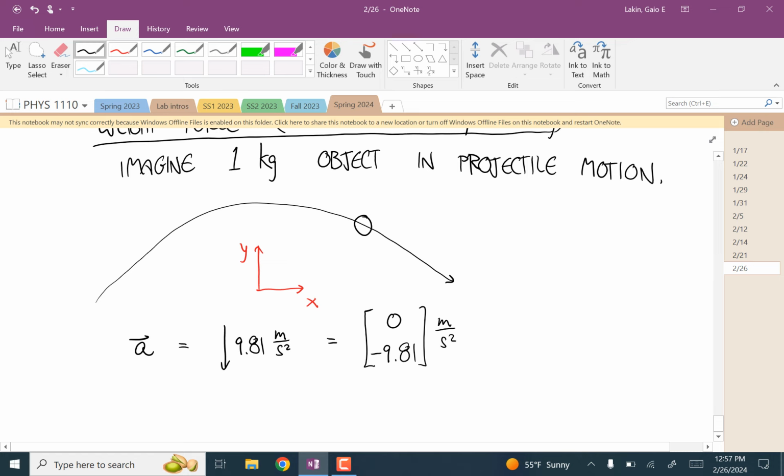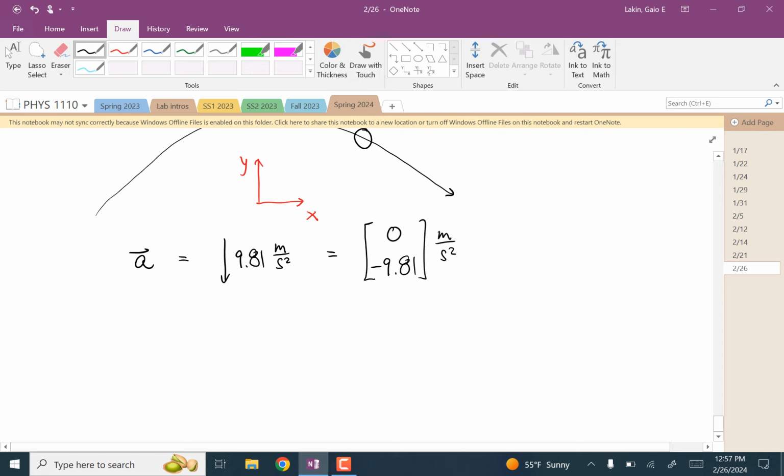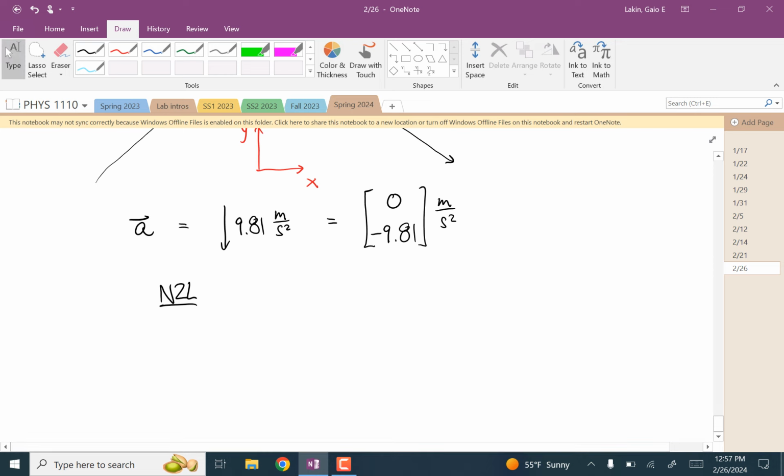Okay. So now we can figure out the force gravity applies to this thing by putting it into Newton's second law. The only force acting on something in projectile motion is gravity. It's not touching anything. And so Newton's second law says the gravitational force is equal to 1 kilogram times this vector 0, negative 9.81.